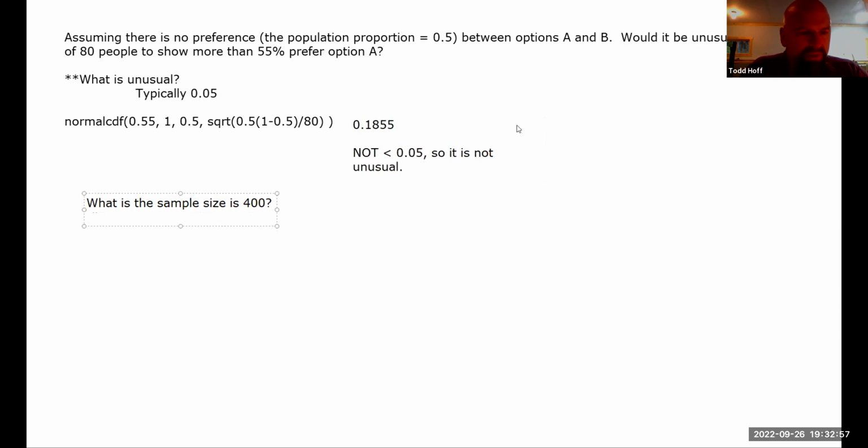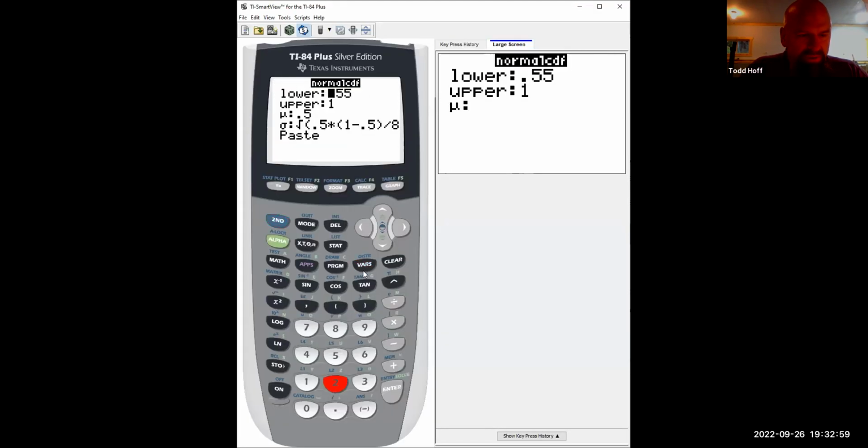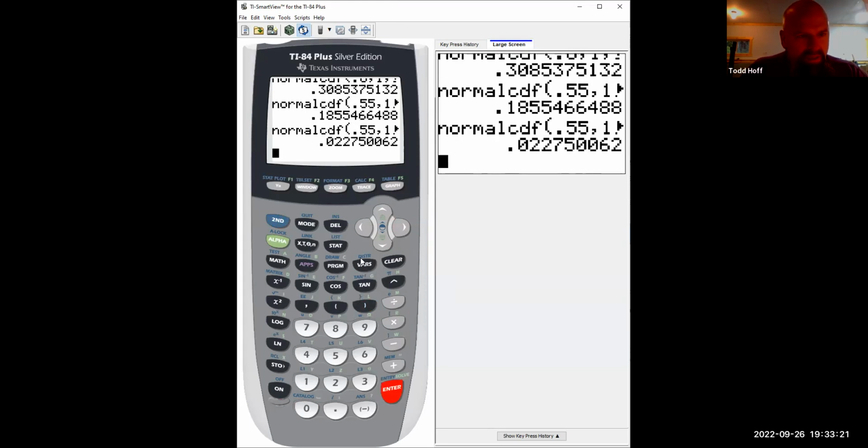So we're going to go to the calculator here, second distribution, normal CDF. All that changes here is this standard error. And instead of 80, we're going to divide by a sample size of 400. We get 0.0228.